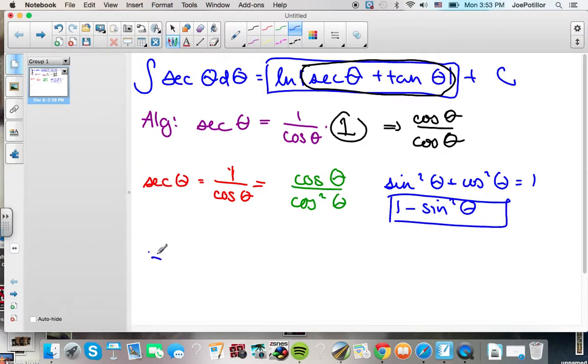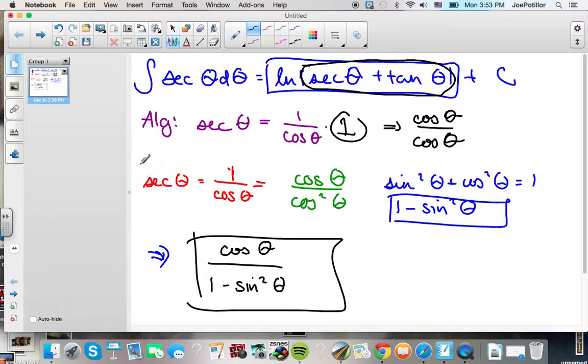So this becomes cosine of theta over 1 minus sine squared of theta. From here, I take this mess and replace it for secant of theta in the integral.